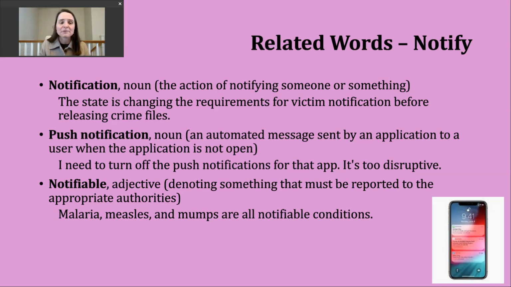So examples here: malaria, measles, and mumps are all notifiable conditions. Right? So these are things where we have the ability to vaccinate and protect ourselves. And again, we want to be on alert in case there would be an outbreak. So that and kind of large populations contracting these diseases.